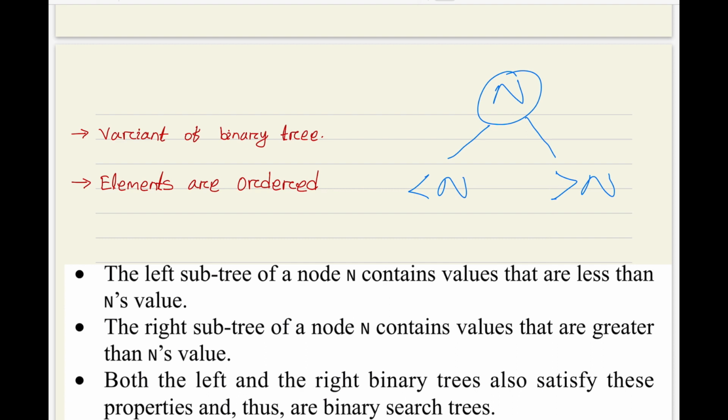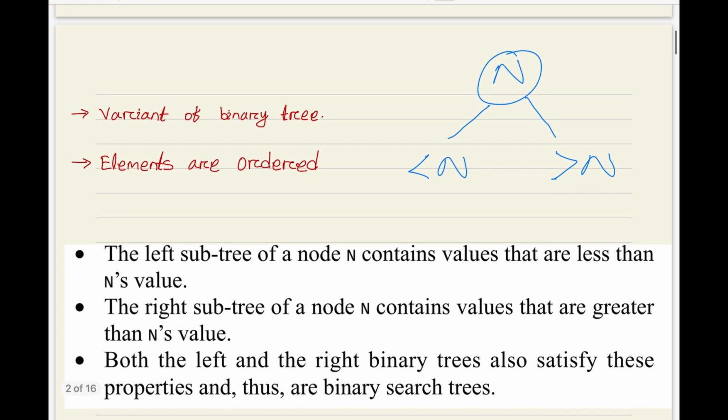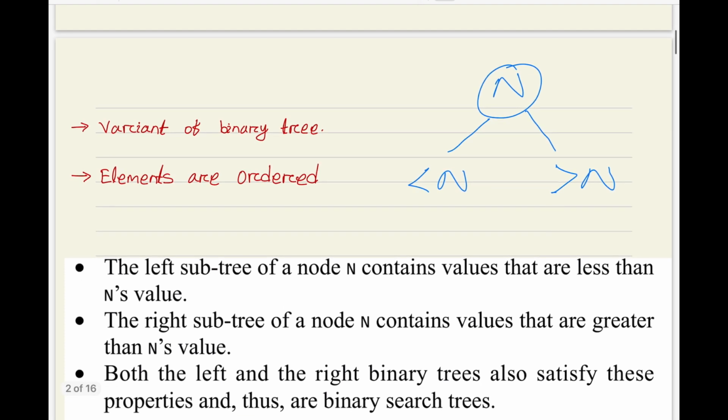Or we can say, if n is the root node, the left side nodes are chotu, and the right side nodes are motu. So, all the left side nodes are chotu, all the right side nodes are motu.